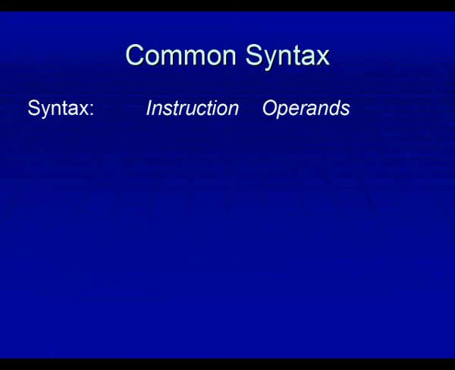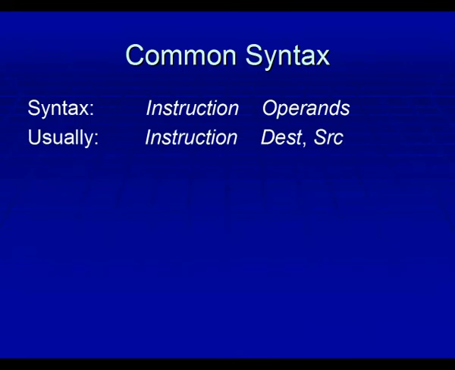And in propeller assembly, there's a common syntax where you have an instruction followed by operands. And usually the instruction has 2 operands, so it looks somewhat like this. So instruction followed by a destination operand and a source operand. And the names are very important there. The destination is what it sounds like. It's usually the destination of the result of the instruction.